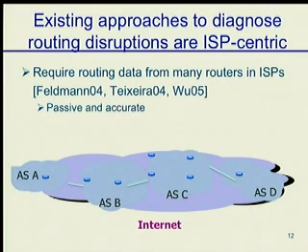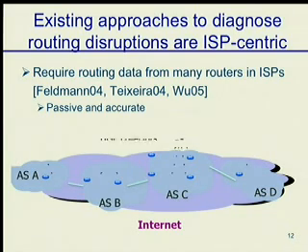So existing approaches all focus on just getting data from the ISP, and what this means is that they can only focus on a particular single ISP usually, and they look at just the routing layer, essentially the control plane. So they don't necessarily understand how this directly affects the data plane, essentially the forwarding behavior of the traffic.